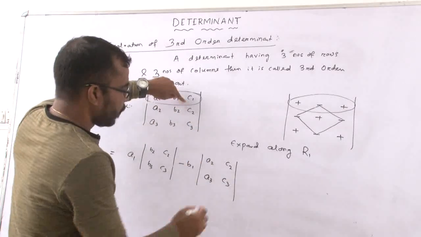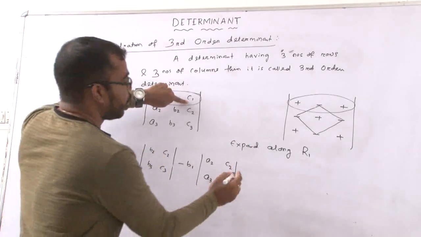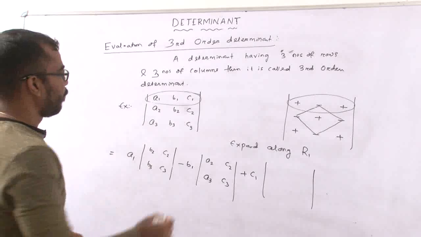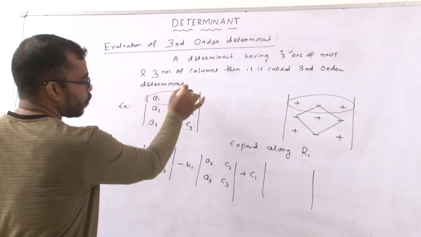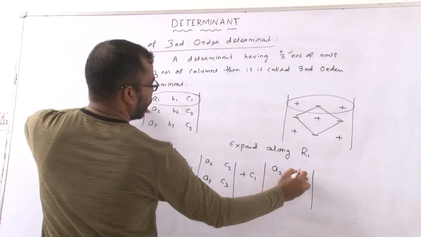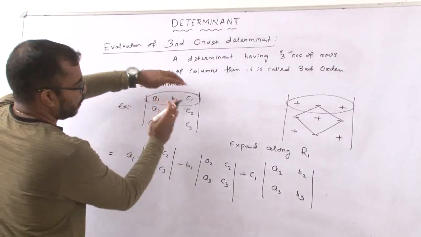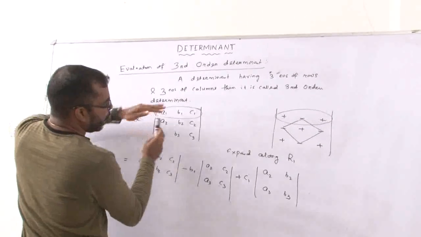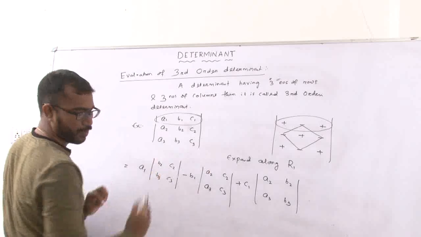Similarly, another value is C1, and the sign of C1 is positive, so plus C1. If the row and column containing C1 are deleted, you get A2 B2, A3 B3.